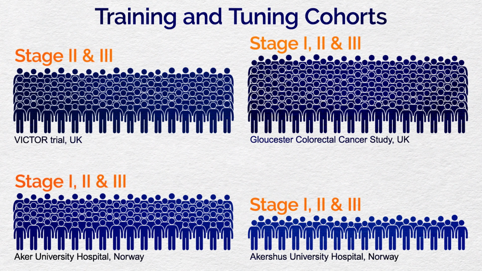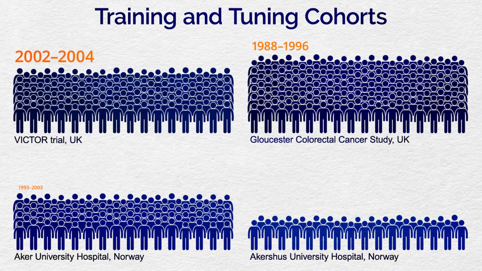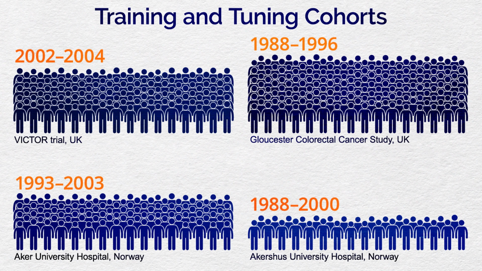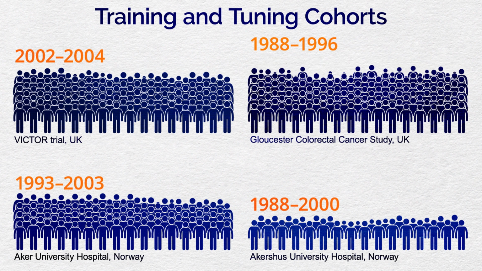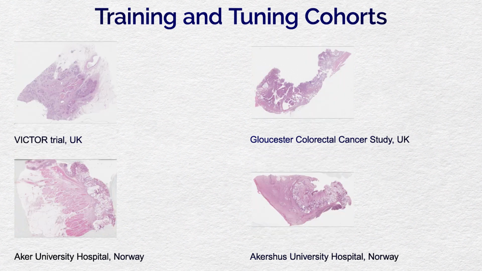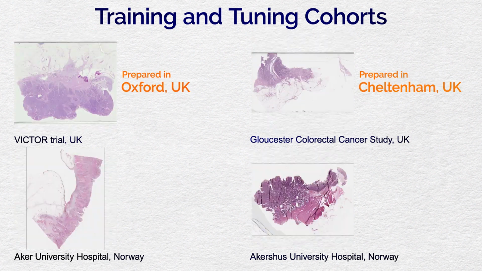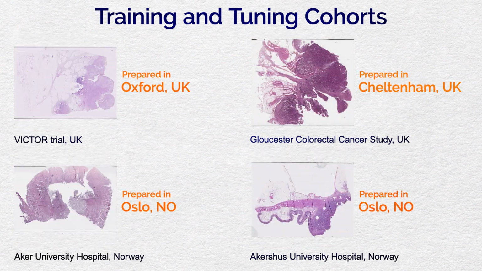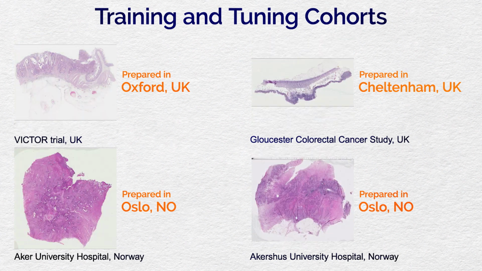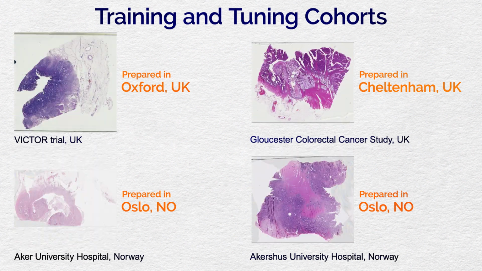The patients had early-stage colorectal cancer, stage 2 and 3 in the Victor trial, while also stage 1 in the other cohorts. Surgery was performed between 1988 and 2004. The patient slides were prepared in Cheltenham, Oxford and Oslo, and scanned using both an Aperio AT2 scanner and a NanoZoomer XR scanner.